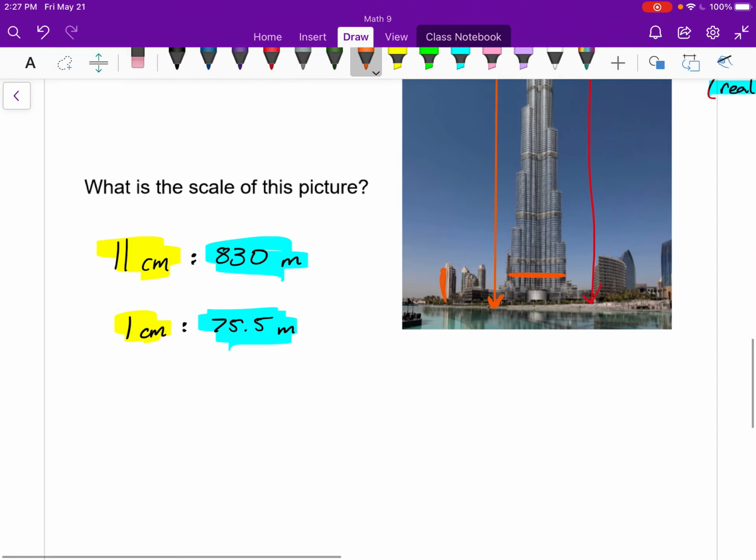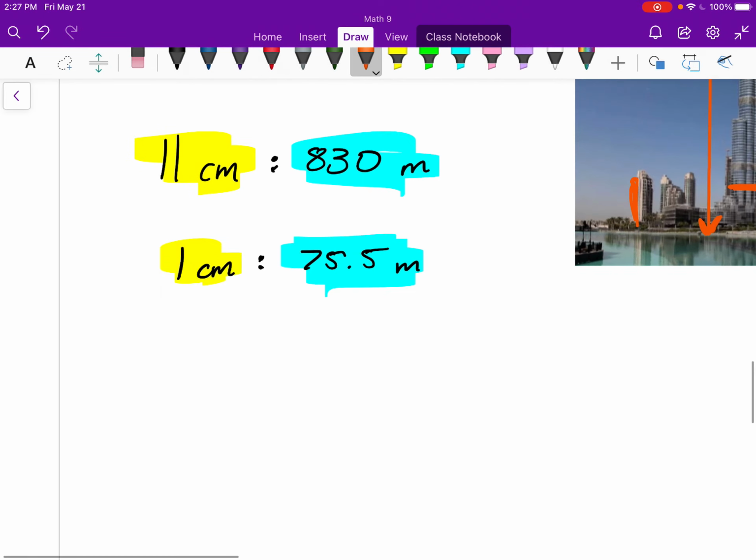That said, another thing I can do is get rid of the actual units. If I change everything into centimeters, I'm going to leave that 1 centimeter. But if I want to change 75.5 meters into centimeters, I'm going to times by 100. So I can go to a calculator, or I can just move the decimal 2 spots, and I get about 7,550 centimeters.